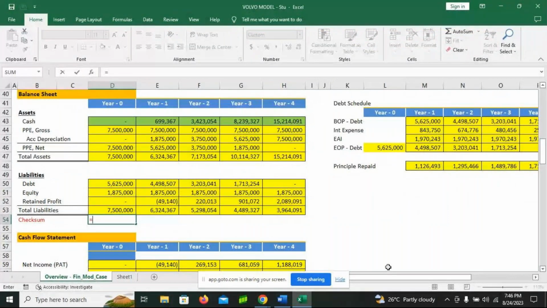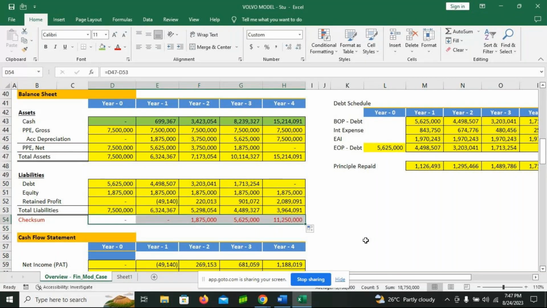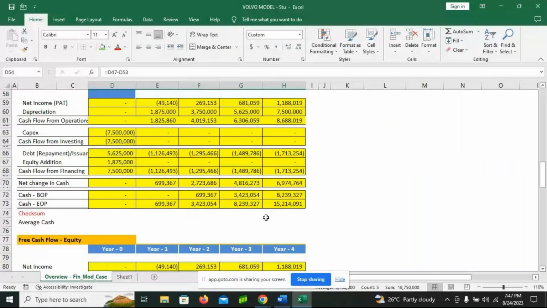So D47 minus D53. I was just checking because somewhere I have made a mistake. So that is why the calculation is not happening properly.